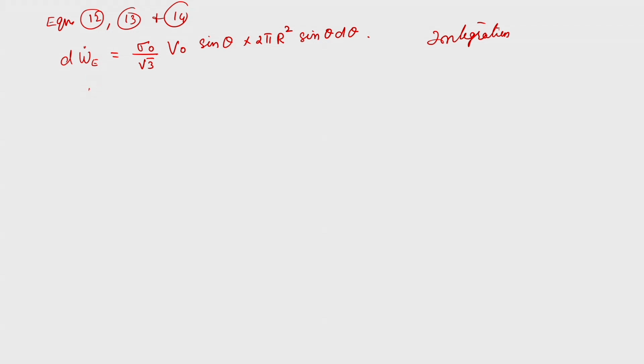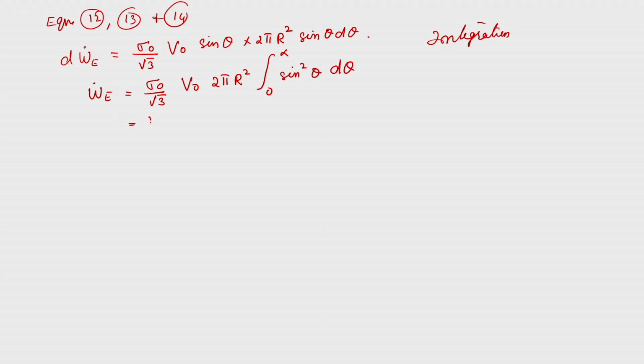energy required. Okay. So, that is W dot E, the strain energy, is equal to sigma 0 by root 3 into V 0 into 2 pi R square integral from 0 to alpha of sin squared theta d theta.